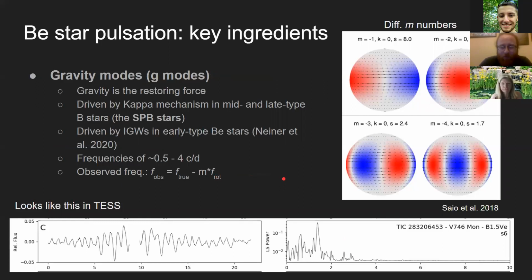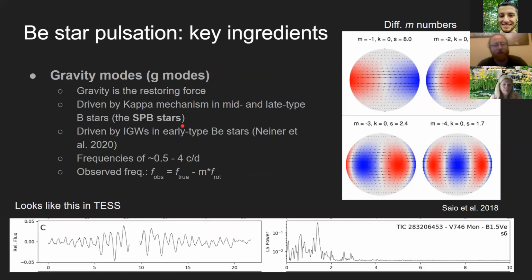Then we also have the more classic gravity mode pulsation, where gravity is the restoring force. These are well known in the SPB stars, where later type stars like B5, B6, and so on, the kappa mechanism acts to drive these gravity mode pulsations.